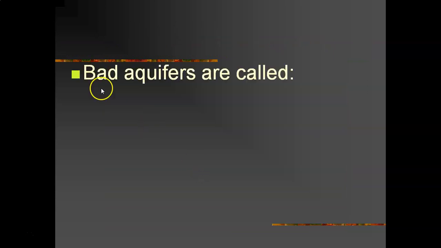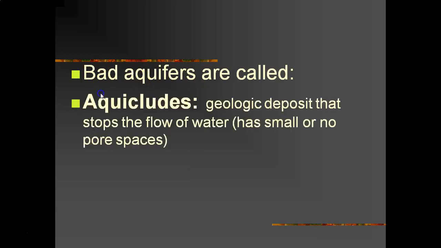All right, as I had mentioned, there are good aquifers, like I had just talked to you about, with big pore spaces to store the water. And it's, again, geology. So a bad aquifer in geology is called an aquiclude. And this is some sort of geologic deposit, rock or sediment, that literally stops the flow of water in the subsurface.